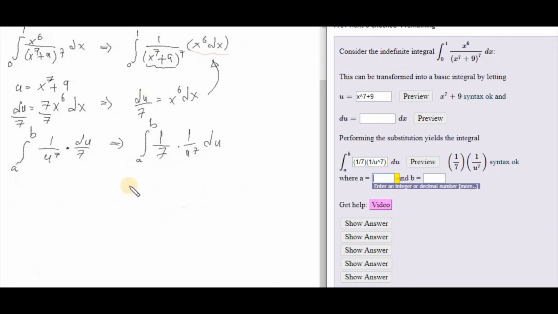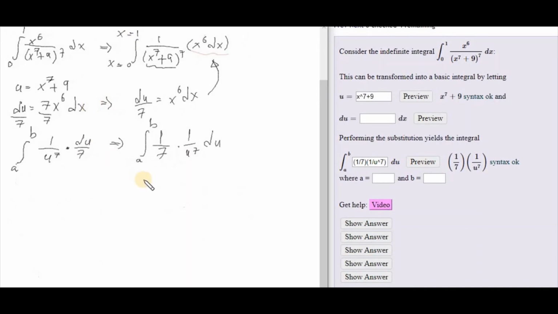Eventually, I have to switch the lower limit and the upper limit of the integral from the old ones in terms of x into the new ones in terms of u. So this is basically when x is equal to 0, and this is when x is equal to 1. I know what u is because I assumed that u is equal to x to the 7th power plus 9.